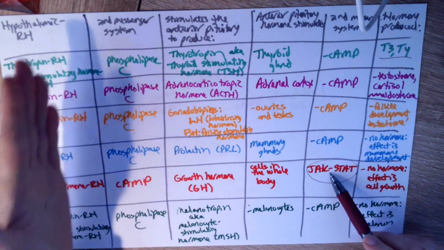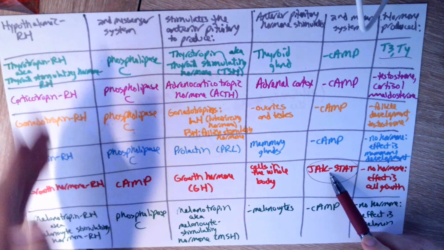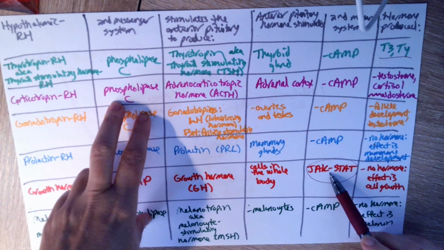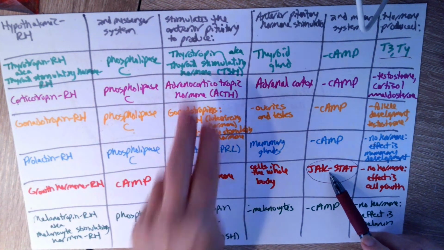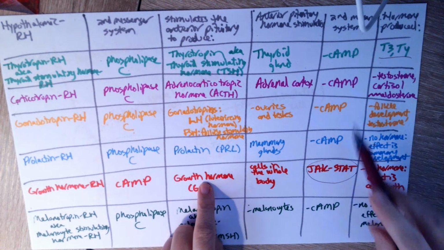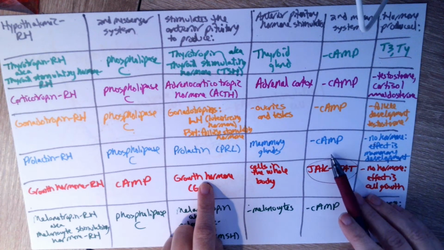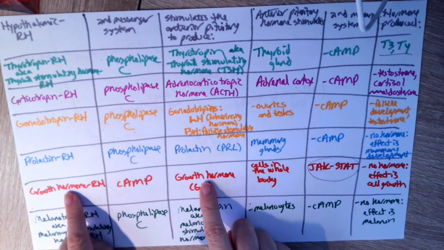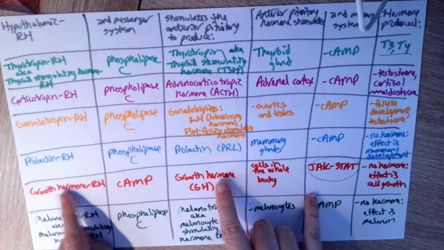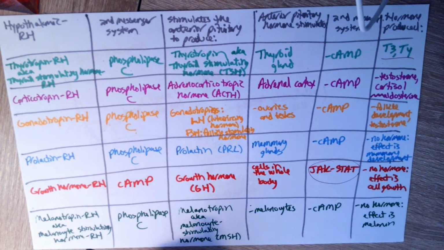So all of the releasing hormones, except for growth hormone releasing hormone, use phospholipase C as a second messenger. All of the anterior pituitary hormones, except for growth hormone, use cAMP as a second messenger. So growth hormone releasing hormone will always be the exception to the rule.